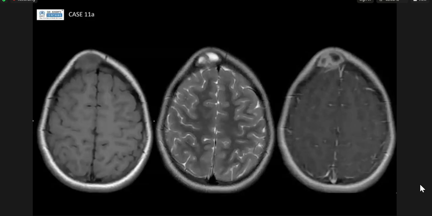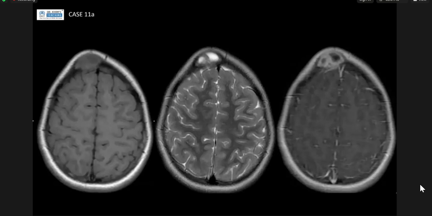Okay. This is an MRI in axial cuts of the brain. In the first one, on the left side, this is the one submitted image. I see there is a right frontal midline extra-axial well-defined mass.